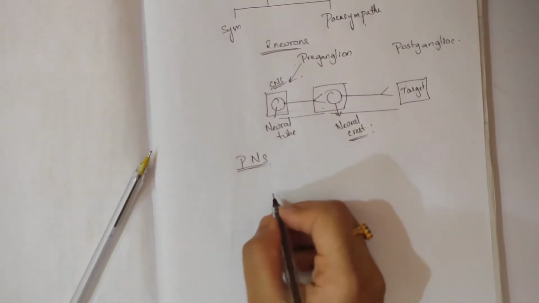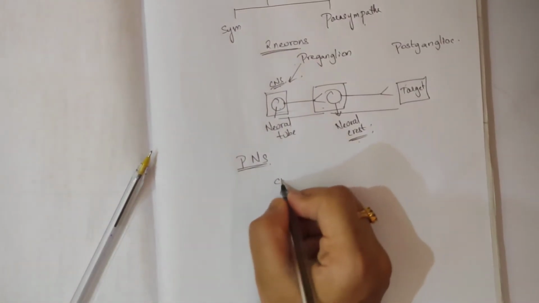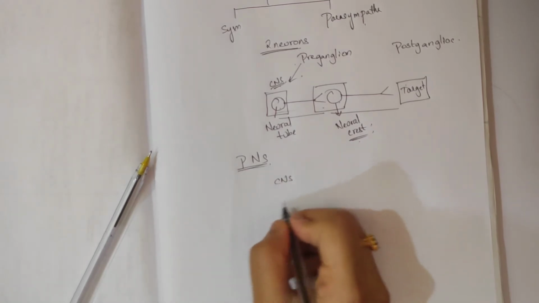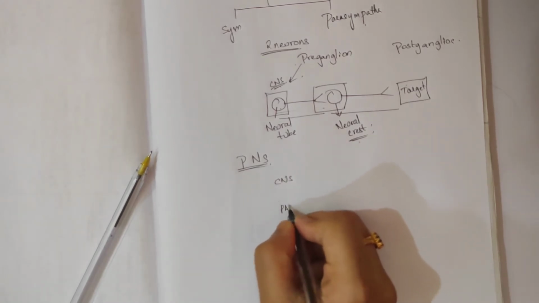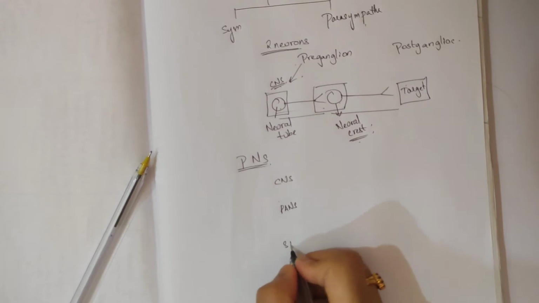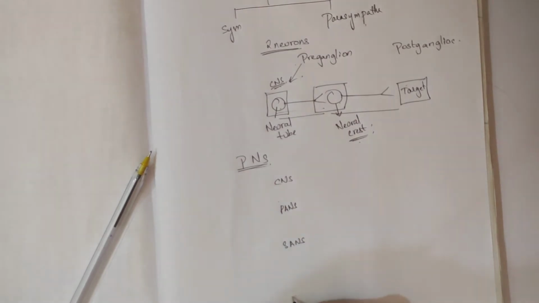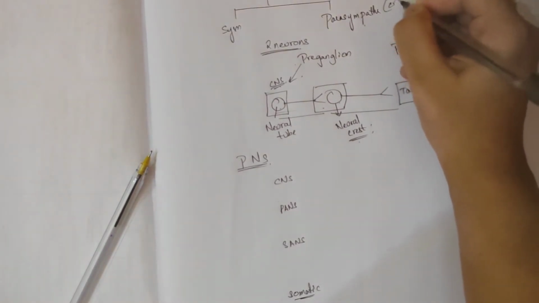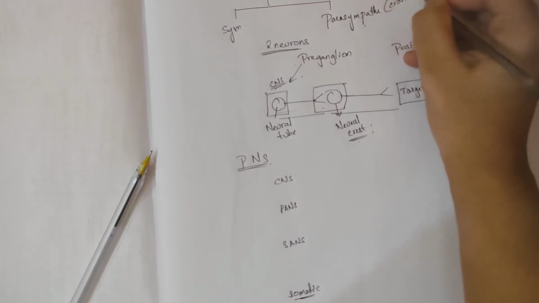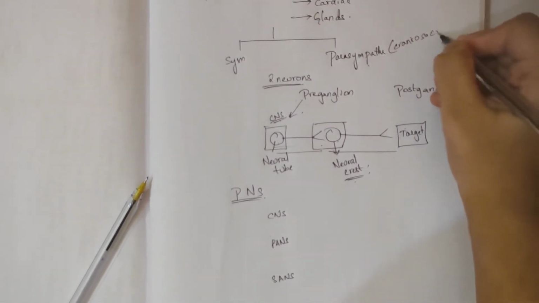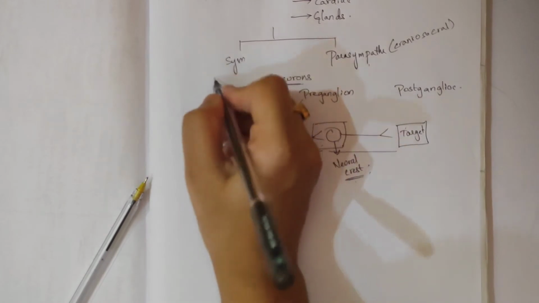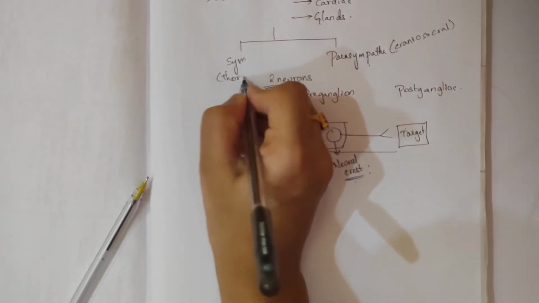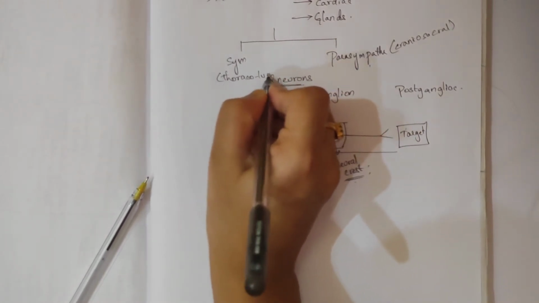Next we are going to talk about the peripheral nervous system, PNS. If we make a rough diagram, this is parasympathetic, sympathetic, somatic. The parasympathetic is called the craniosacral outflow, and the sympathetic is called the thoracolumbar outflow.